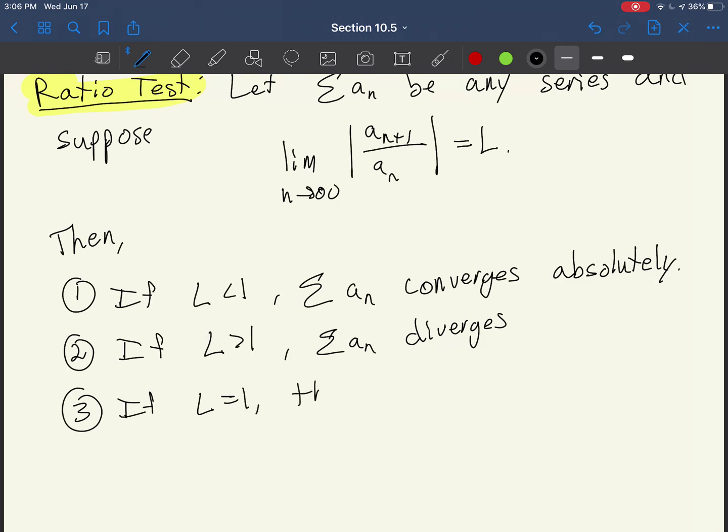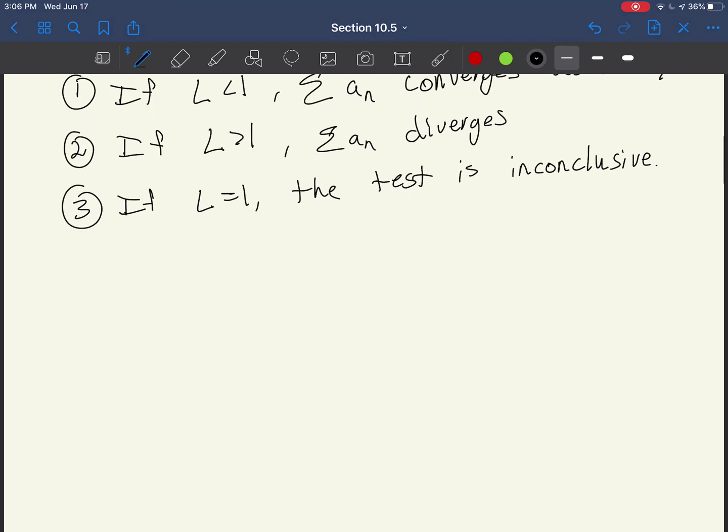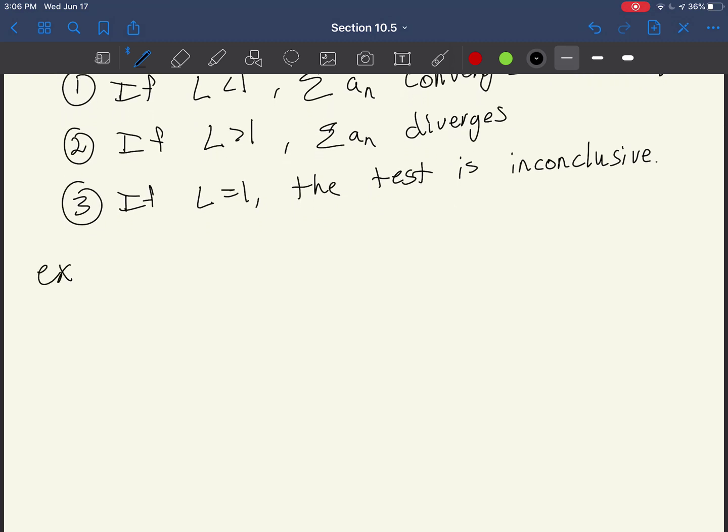And 3, if L equals 1, then the test is inconclusive. So similar to the nth term test for divergence, the ratio test could just fail. Okay, so let's see an example of this.